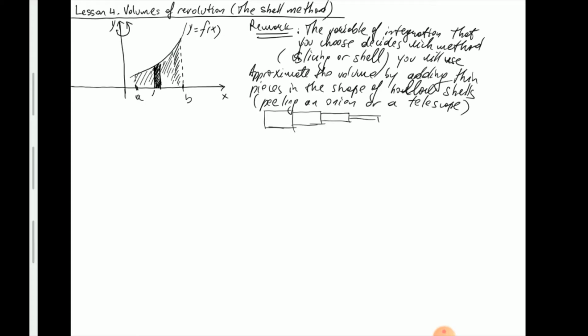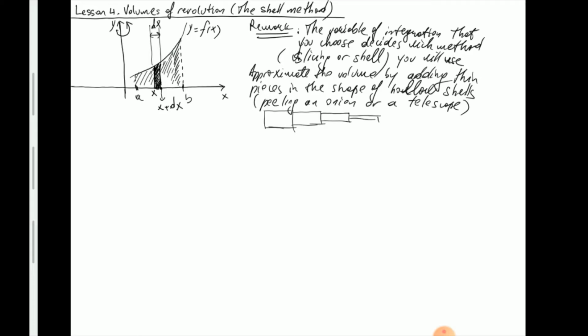Let's say this is the x coordinate, and because we're going to have a Riemann sum, where we take a limit as the number of points in the partition increases, the thickness of this shell will be dx. That means the nearby point here will have coordinate x plus dx.